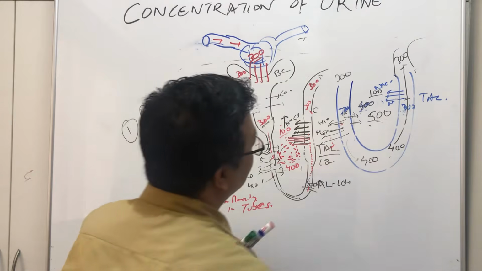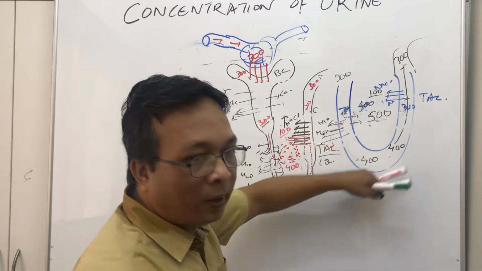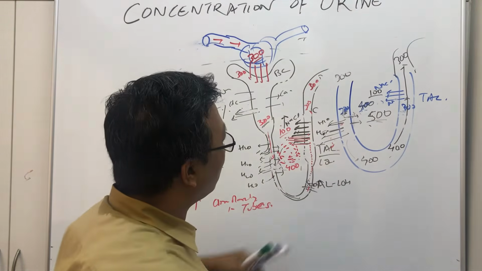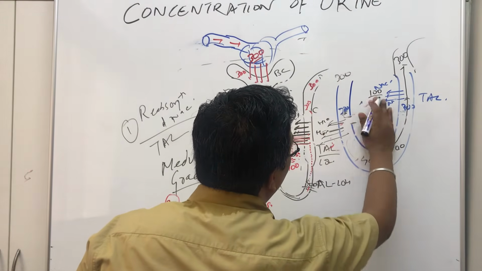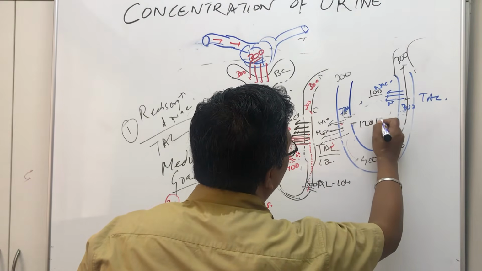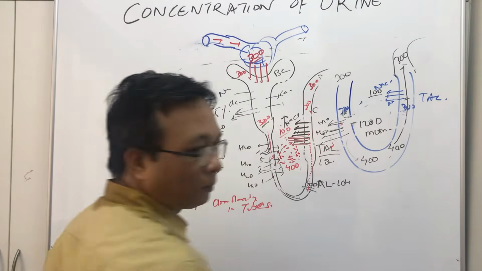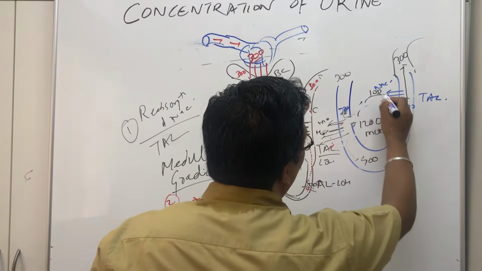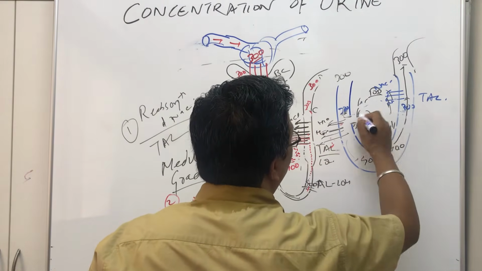As a result, this cycle goes on and on and on, and ultimately the maximum capacity is that it will become 1200 milliosmoles. Meaning there will be a heap of solutes here.